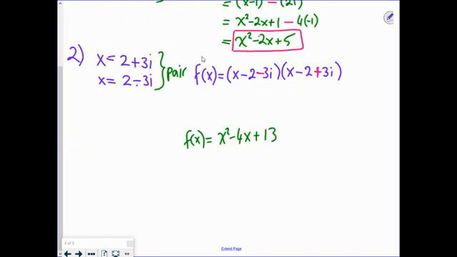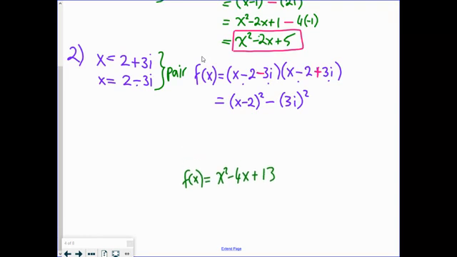So let's multiply this out. I've got, that's my a minus b, a plus b. So my a is x minus 2. So difference of squares, I've got x minus 2 squared minus 3i squared. That's my a squared minus b squared.